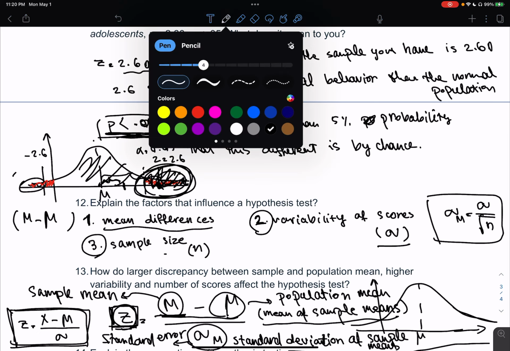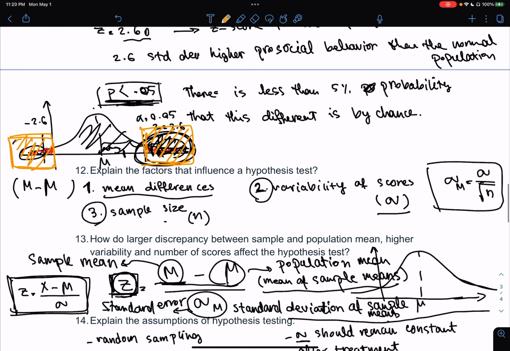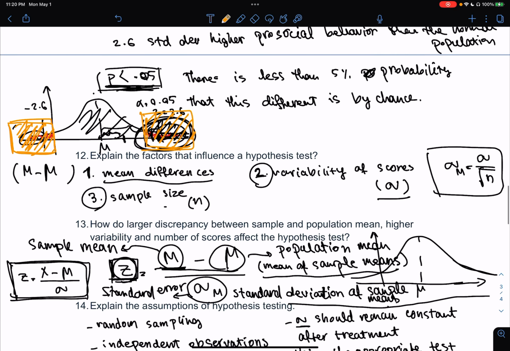So directional will either look at this area if it is a decrease, or this area if it is an increase. So this will be one direction, this will be the other direction. And this is why you call it one tail. If we look at one of the tails of the distribution, it would be one tail. And if we look at both tails, that would be non-directional.